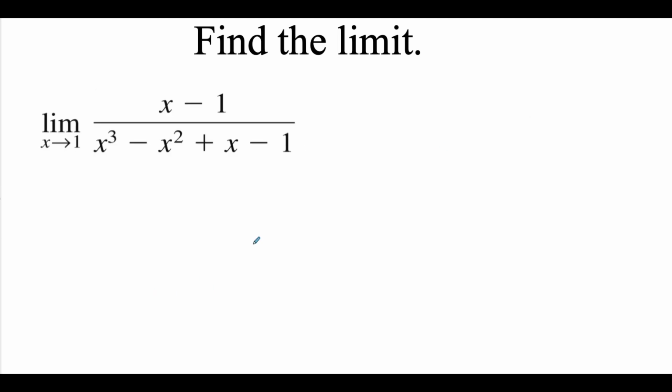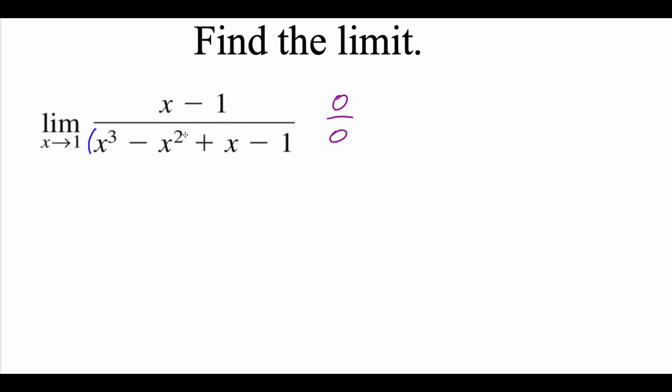Checking out this example, we've got the limit of (x minus 1) over (x cubed minus x squared plus x minus 1) as x is approaching 1. Again, if I tried to direct substitute that 1 in, I would end up getting 0 over 0, that indeterminate form. So I'm going to try to do some factoring here. On the bottom, because of that cubic, I'm thinking that we should try factoring by grouping.